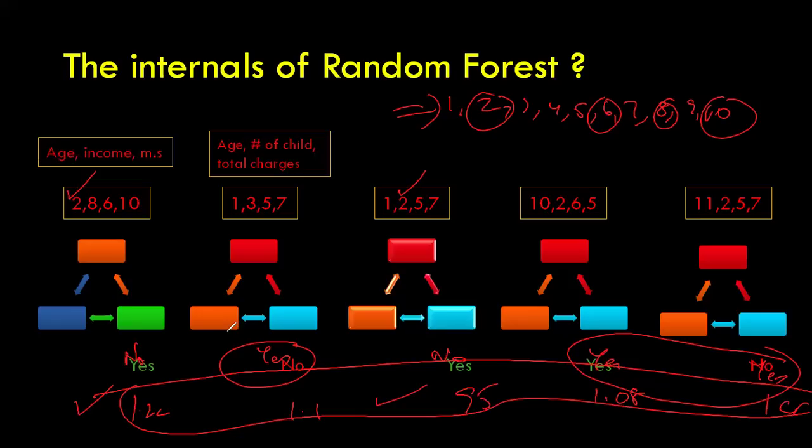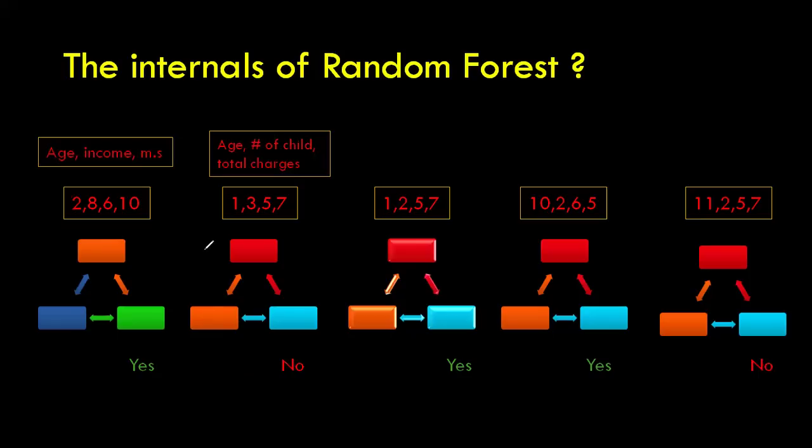It's pretty simple, right? In the case of random forest, the bagging technique is used. To summarize, random forest takes multiple random samples and builds decision trees, and each tree makes a prediction.